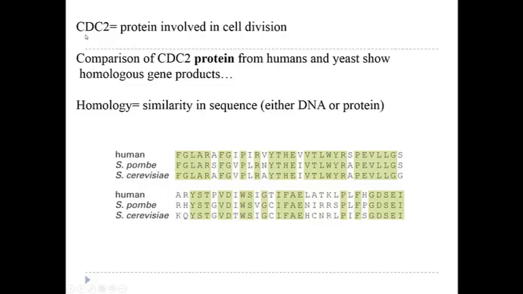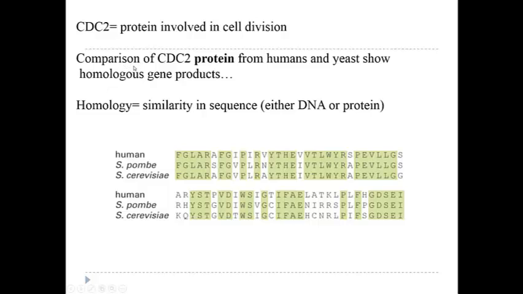CDC is the cell division cycle, C for cell, D for division, C for cycle, or for short we call it cell cycle. It's a protein that controls the progression of the cell cycle. So this gene, if it's defective, will not allow the cells of the yeast, for example, to divide.